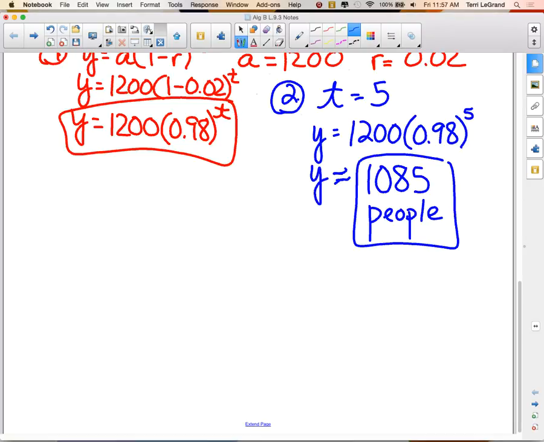Take that time to say, does this answer seem reasonable? Because if it was a decreasing situation and your answer is larger than the starting amount, there's a problem. And same thing if it's increasing and your answer is less than the starting amount, that's a problem. Make sure you make sense of that. Okay? Questions, anyone? Okay, then let's go to work on homework.